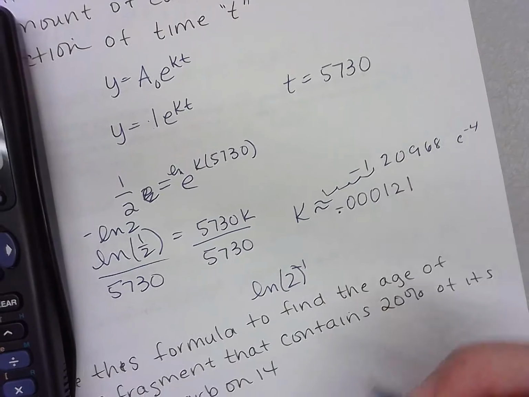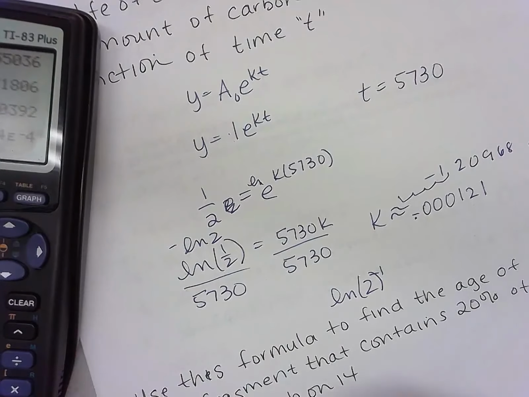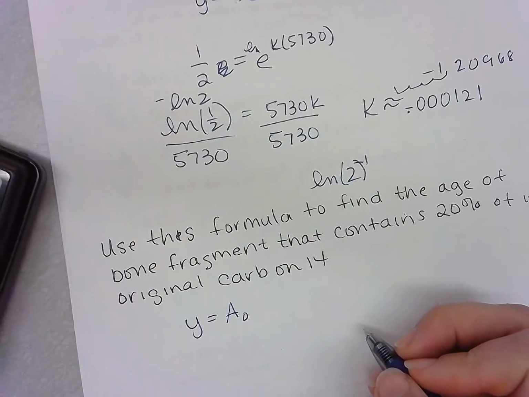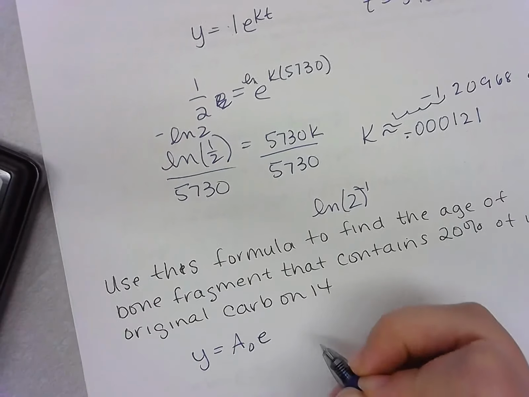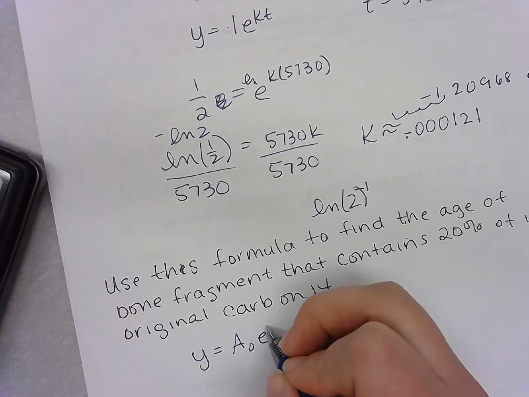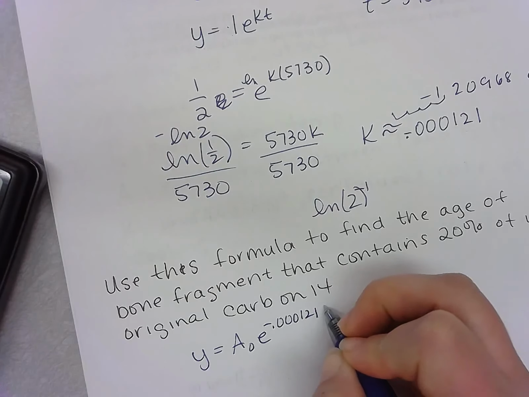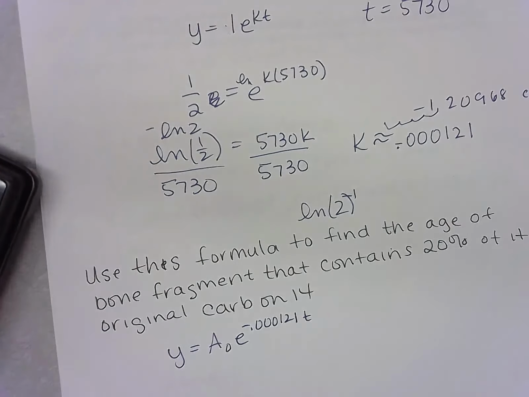So now we have our formula. I'll write it down here as y equals a naught, which we'll use in our particular case because we can use it for any one, and then e to the k, where k is negative 0.000121, times t.